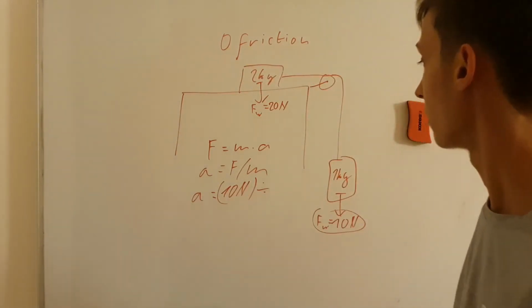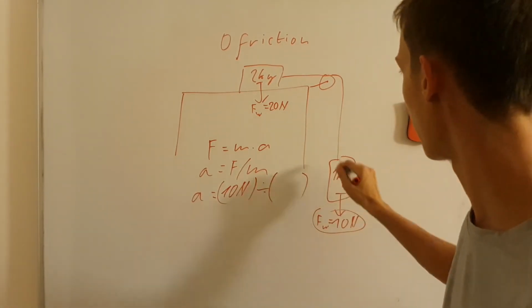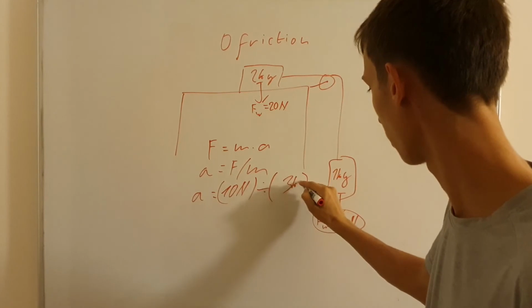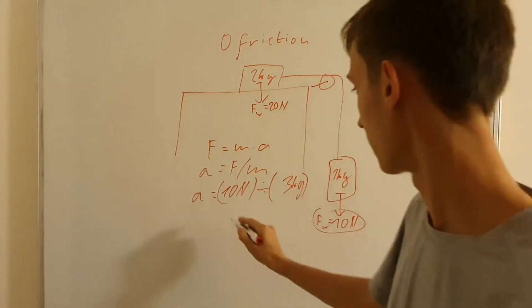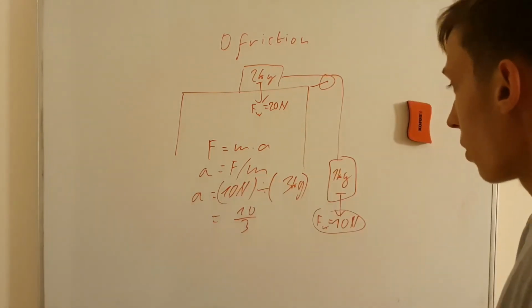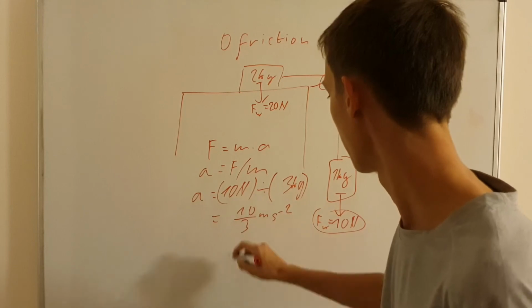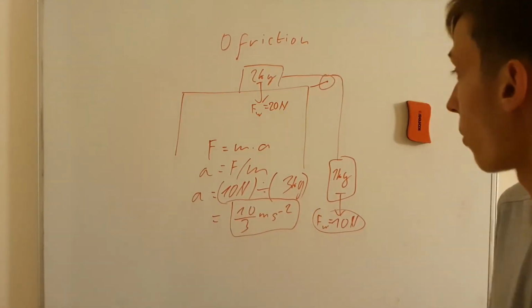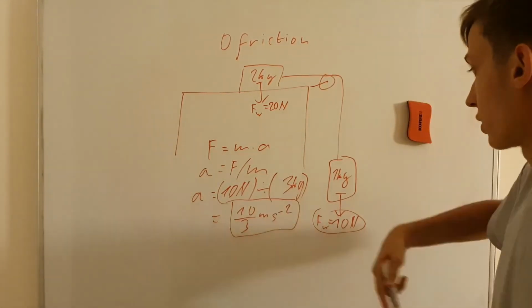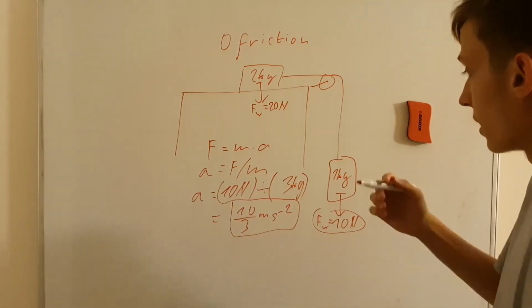Therefore, the sum of both masses has to be used, and that is 1 plus 2 kilograms. Alright, so the acceleration of the system ends up being 10 over 3. Now it's newtons over kilograms, or meters times seconds to the minus 2. This is the unit that makes more sense for the velocity rise, the motion expression. Alright? So this is the result.